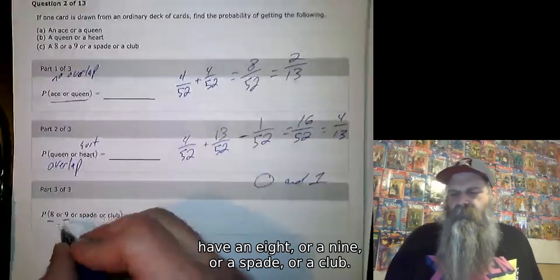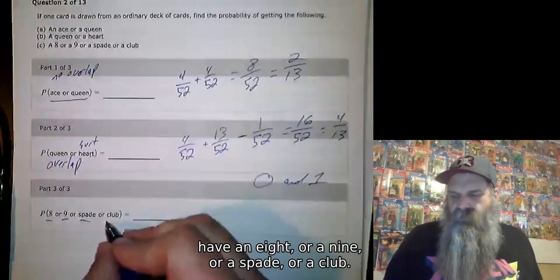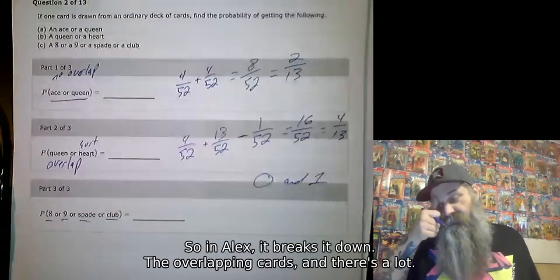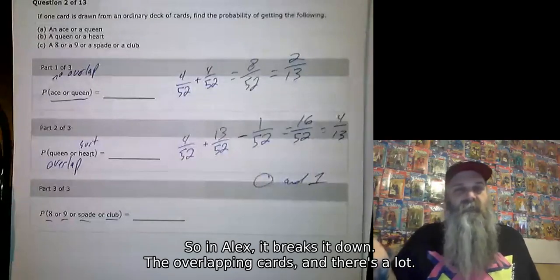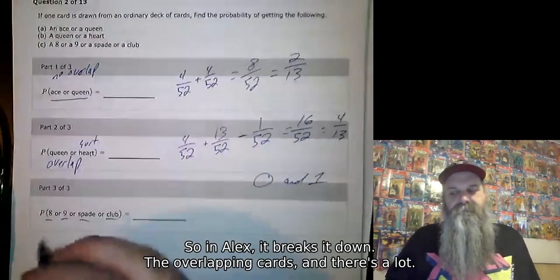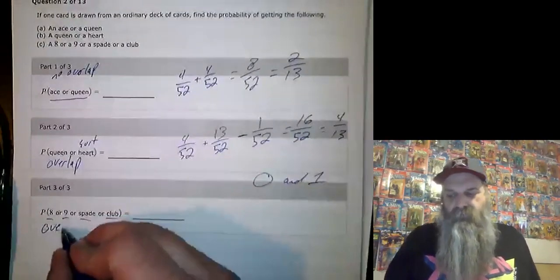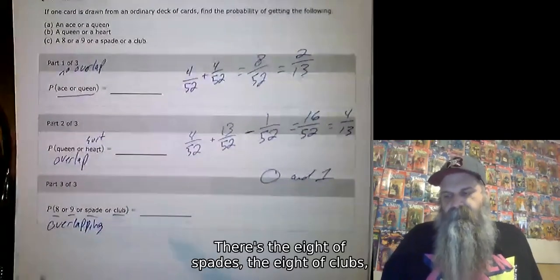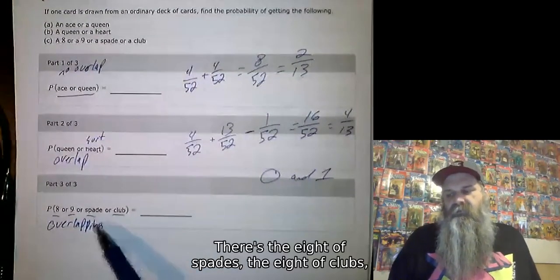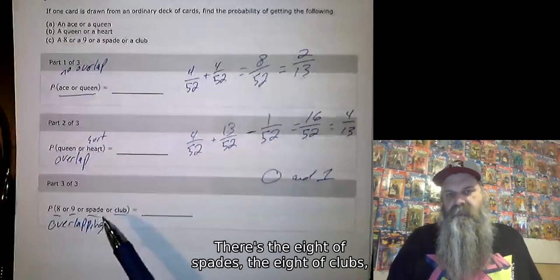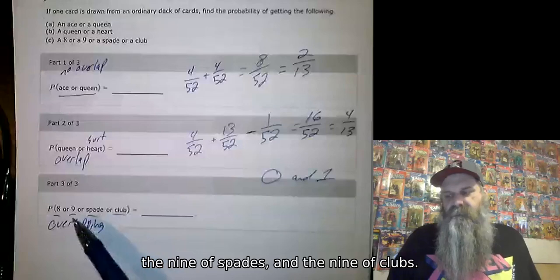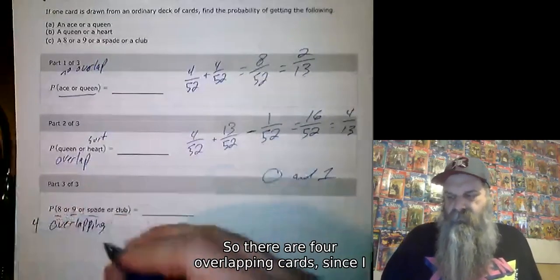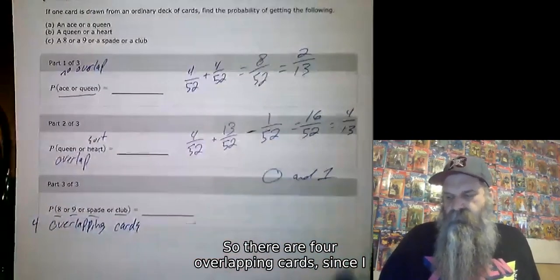So now we have an 8 or a 9 or a spade or a club. So in Alex, it breaks down the overlapping cards, and there's a lot. There's the 8 of spades, the 8 of clubs, the 9 of spades, and the 9 of clubs. So there are 4 overlapping cards.